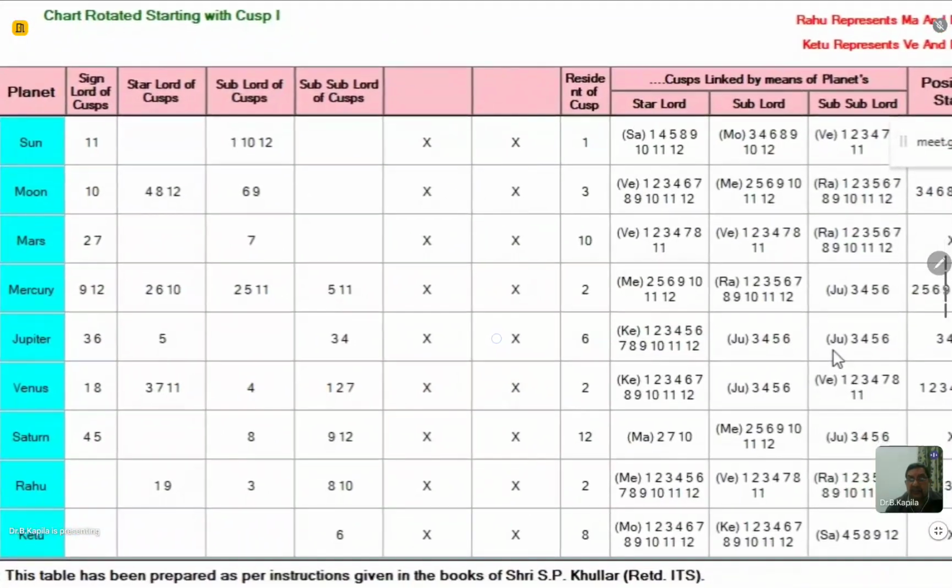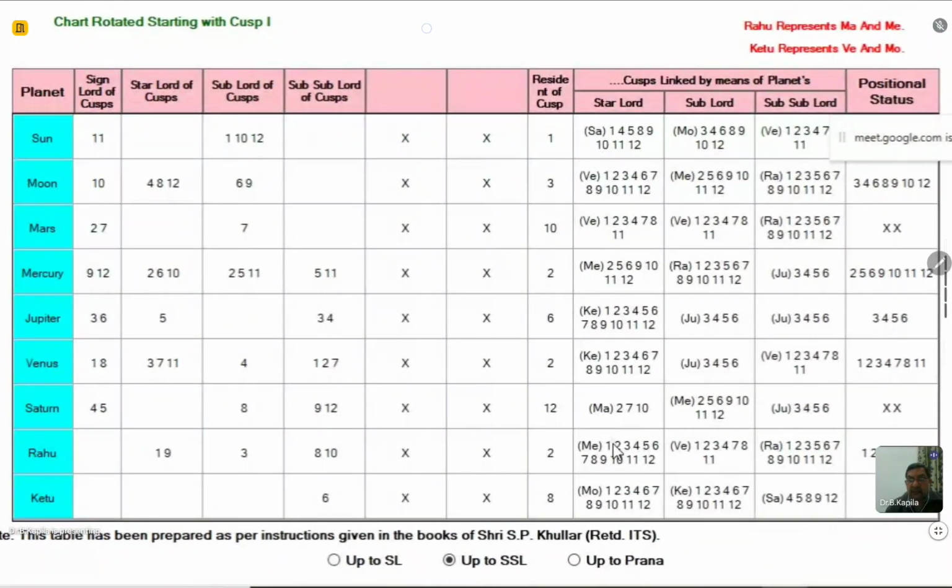Out of Jupiter and Saturn, we have to see which is stronger. Jupiter involves 2, 5, 11, commits by 5, and final confirmation by 5. On the contrary, Saturn involves 2, commits by 2, 5, 11, and final confirmation again through Jupiter, that is 5. Same in both the cases.